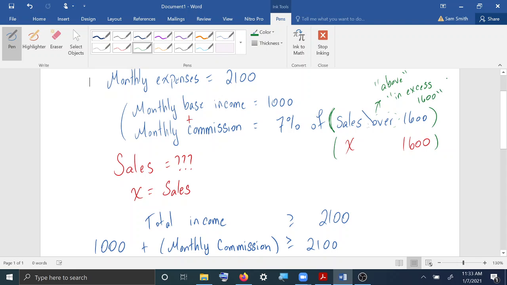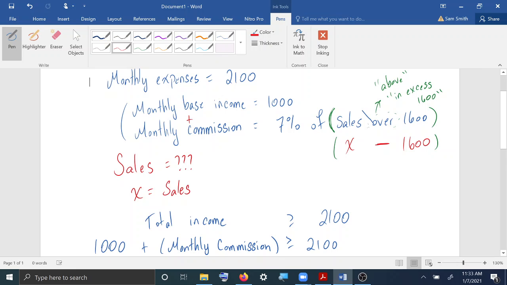For example, if our sales were $2,000, that would be 400 units above 1,600. In other words, to find the sales over 1,600, we take our sales X and take away 1,600. Sales over 1,600 is X minus 1,600.